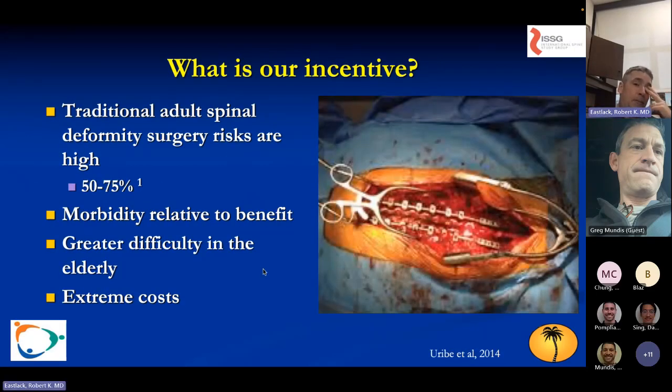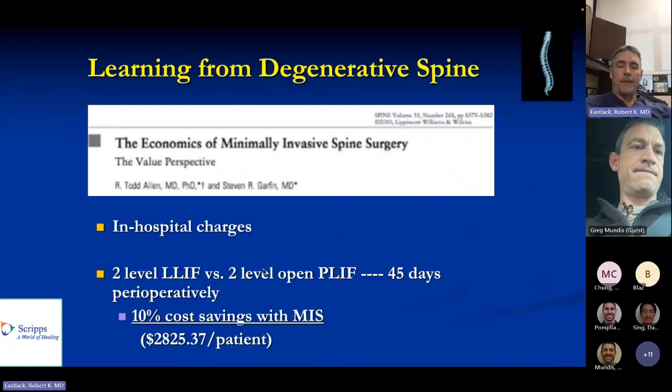And why even think about it? Well, as you've seen with our practices, deformity surgery is not a trivial risk. It comes with a high morbidity, high risk of complications and failures, and it's quite challenging on the elderly population. So there's a rationale to try to mitigate some of that risk by using different techniques, and that ultimately can defray some of the costs.